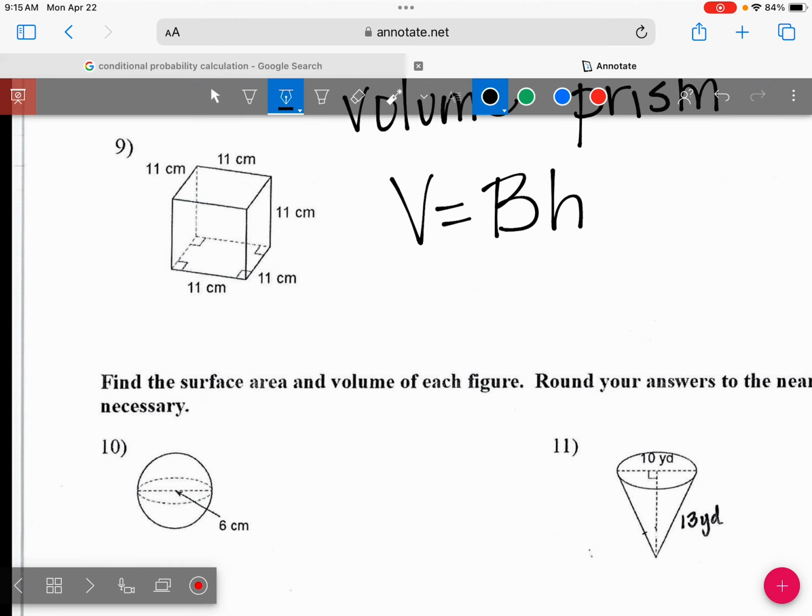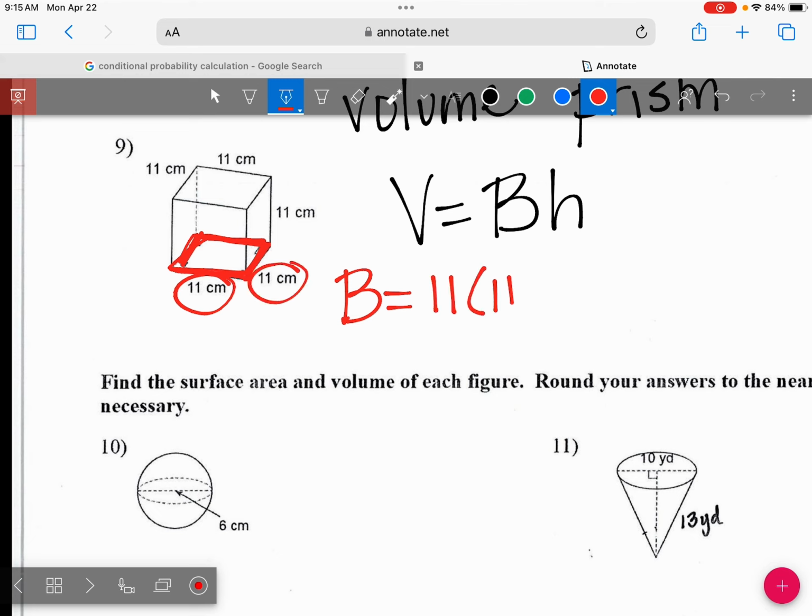So this is your base right here. What shape is this at the bottom? That's a square. And to find the area of a square, you just multiply your two sides. So that would be these two sides. So go ahead, take 11 times 11 to get the capital B.